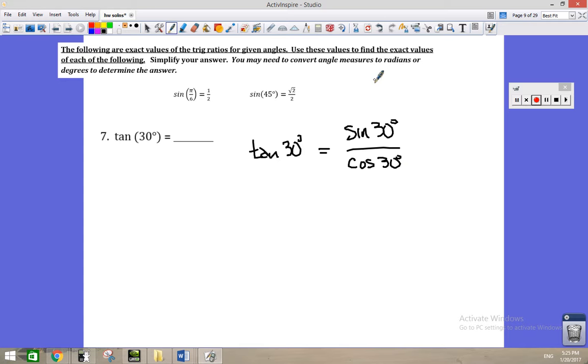Well, I know that 30 degrees in radian measure is pi over 6. So they've given me this numerator up here. The sine of pi over 6 is the same as the sine of 30. This numerator is 1/2. Now, the cosine of 30, I think I've already done the cosine of 30, or the cosine of pi over 3.